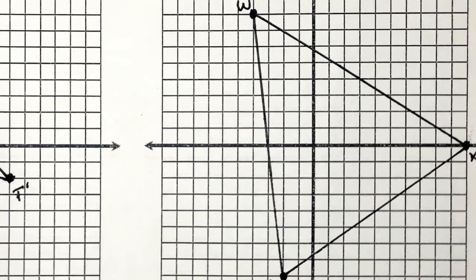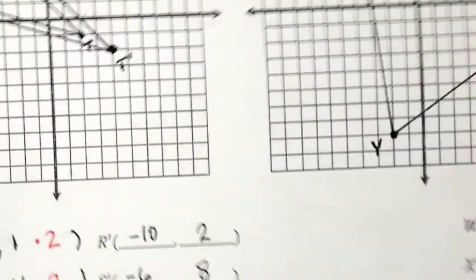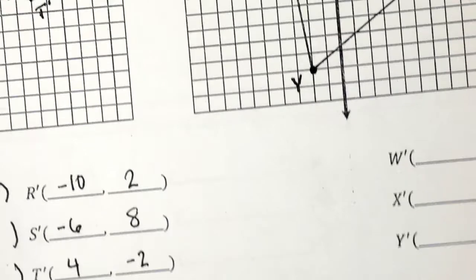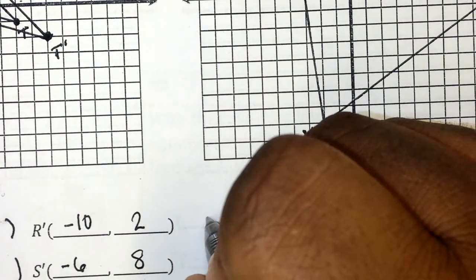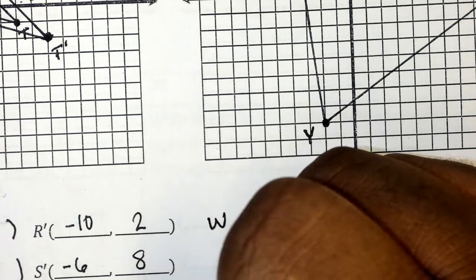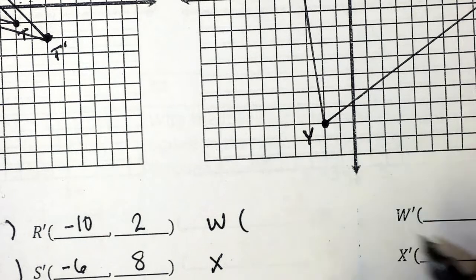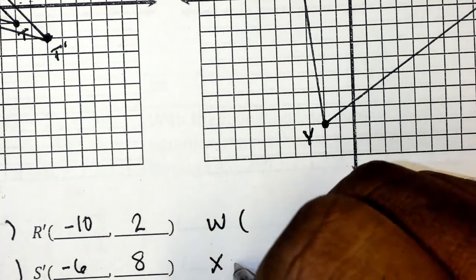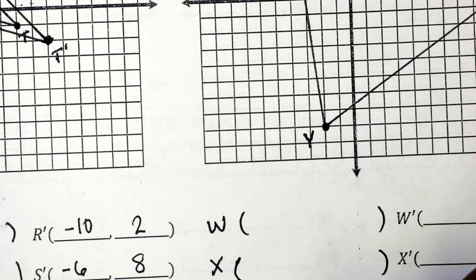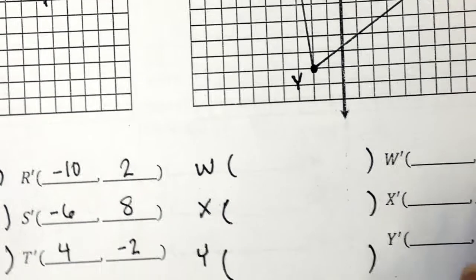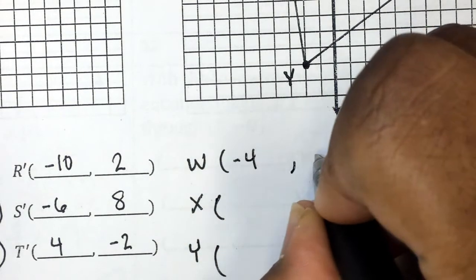I want to reduce this by a scale factor of 1/4. Same thing I did on the last problem. Out to the side here, I'm going to write my original coordinates with space. So W, X, and Y. W is at -4, leave some space, 8.